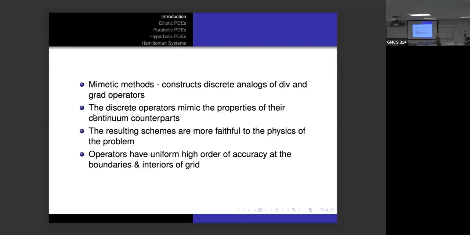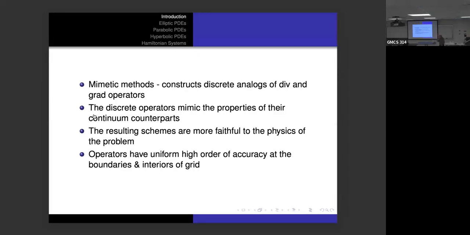Those discrete operators mimic the properties of the continuous counterpart, and they have a matrix representation. By the way, finite differences you can also write as matrices representing forward, backward, and centered. Those are the equivalent representations in terms of matrices.